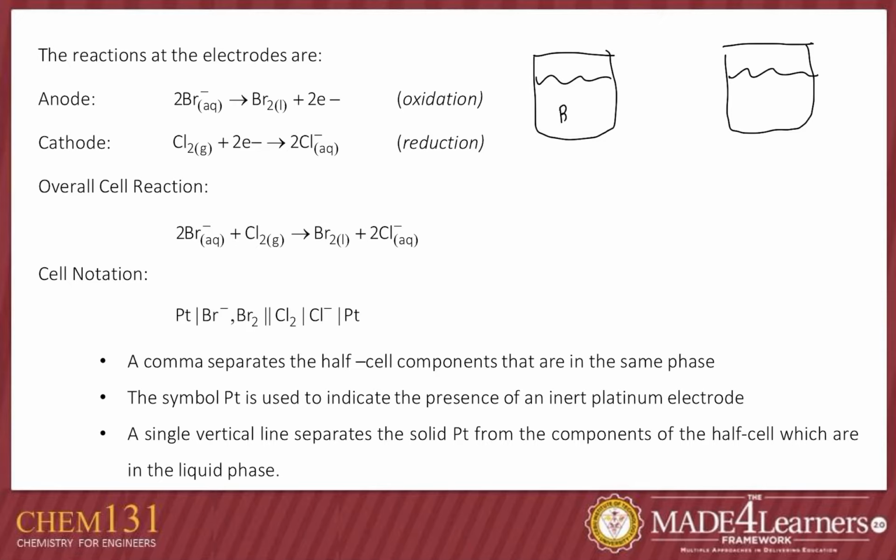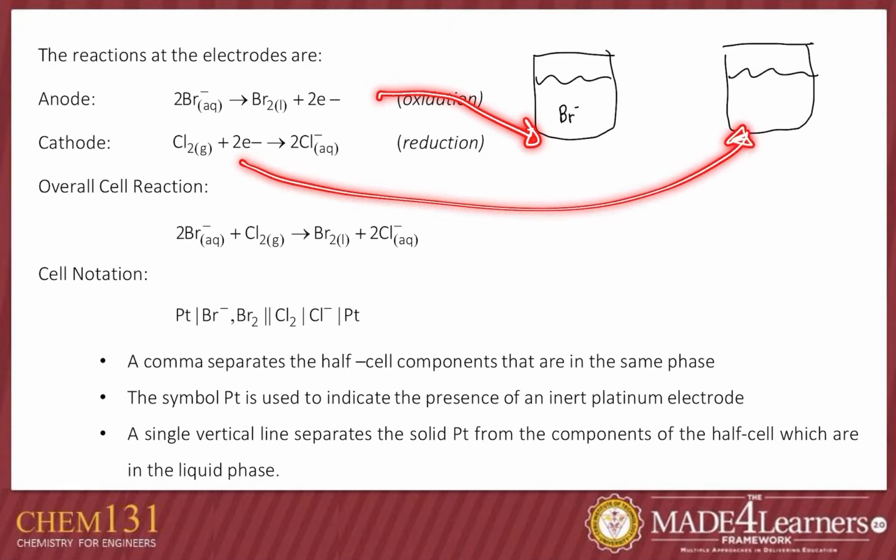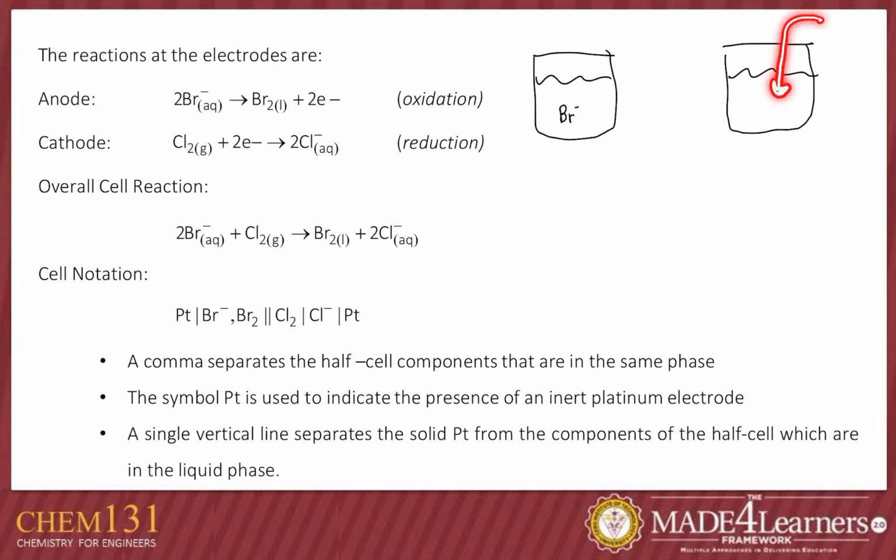So there are bromide ions here. So there is sodium bromide here initially. Sodium bromide. And then here we have a solution, but this is chlorine gas. So if bromine is on the left, chlorine should be on the right. But this is a gas, so it needs to be bubbled.